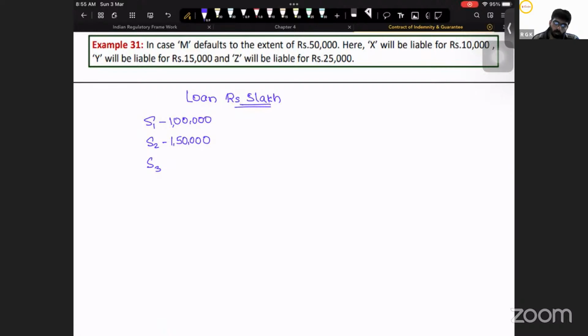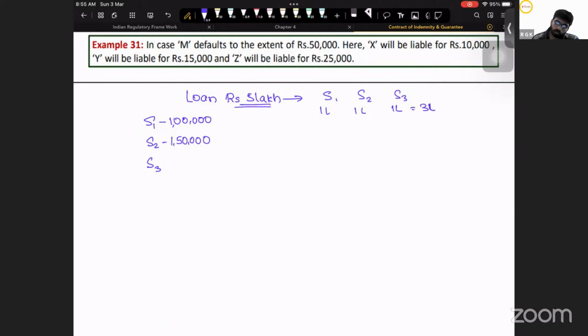To the extent of 1 lakh, since all are going to contribute equally, I'll appropriate like this: surety 1, surety 2, surety 3, 1 lakh, 1 lakh, 1 lakh, because for 1 lakh, there is no limit. Now 3 lakh is done. For 3 lakh, all are equally liable.